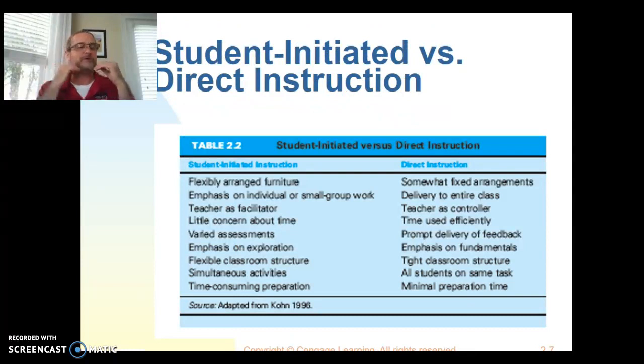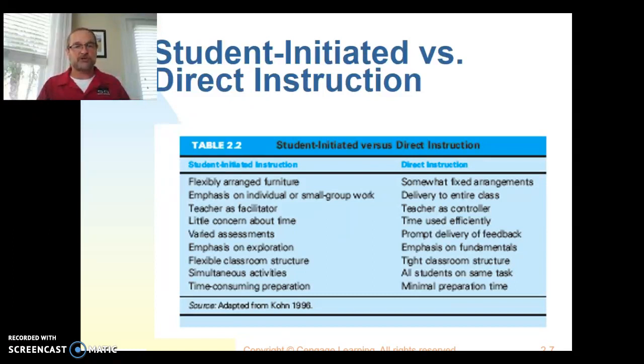This was a table. I know it's a little fuzzy, but it comes right out of the book. It's table 2.2. And this really does compare and contrast student-initiated instruction with direct instruction. For instance, think about the classroom that you're going to set up in your first assignment. And this is assignment 1 for module 1.